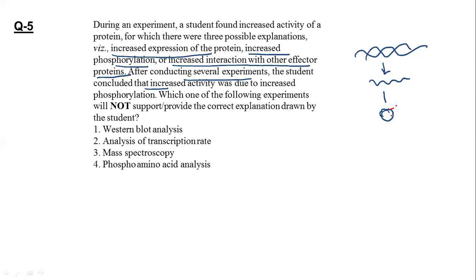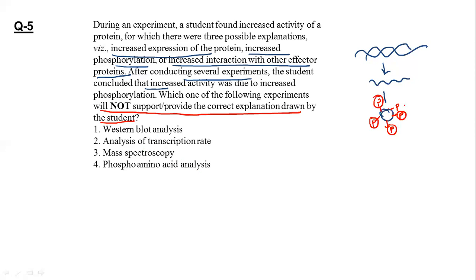Maybe a post-translational modification occurs in the protein, a phosphorylation, and due to that post-translational modification the increased activity is detected. The options are Western blot analysis, analysis of transcription rate, mass spectrometry, and phosphoamino acid analysis.